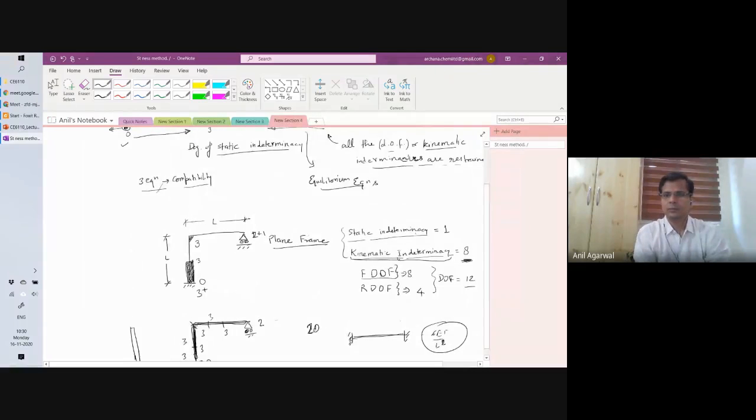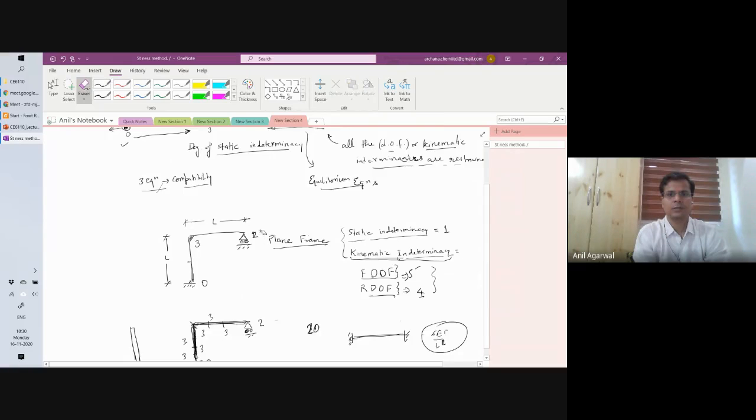So for the same system, we saw that free degrees of freedom were 8 and restrained degrees of freedom are 4. But to keep the number of equations the smallest, not 8, it was 5.